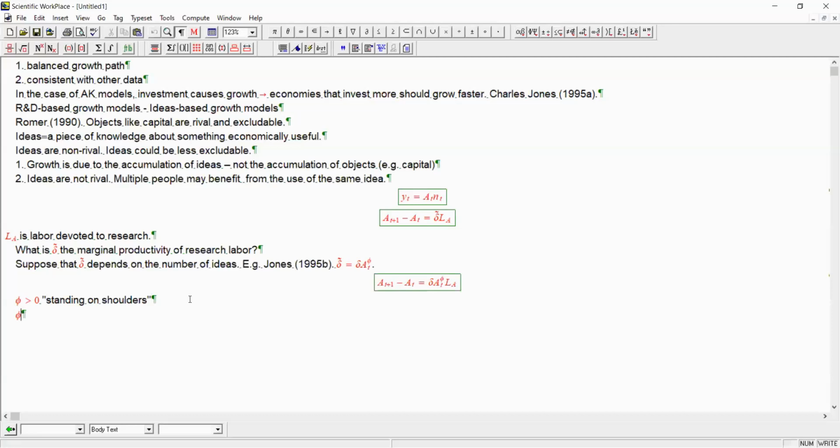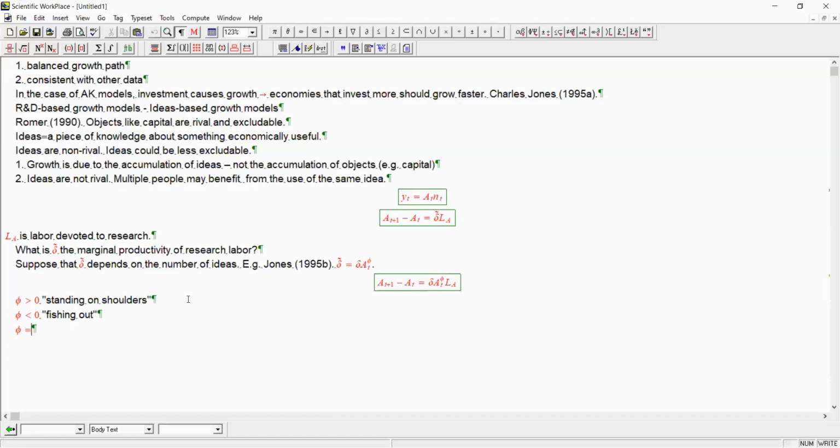Another possibility is phi less than 0, which is called fishing out. I guess the idea there is that there's some fish that are easy to catch, and once you've caught them, catching the next fish is harder because there's fewer of them. Something like that.